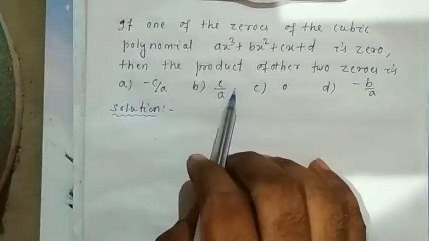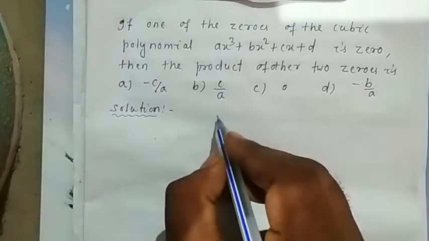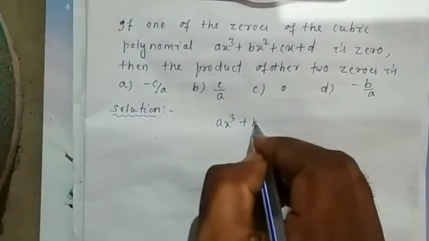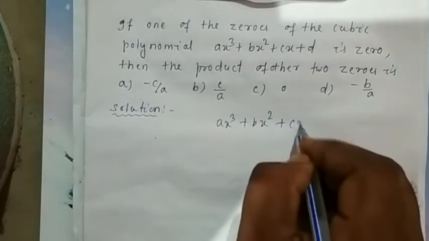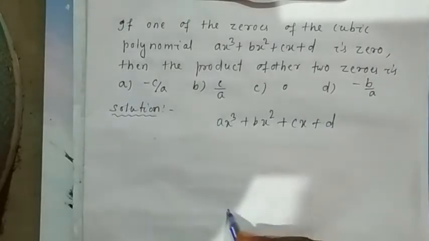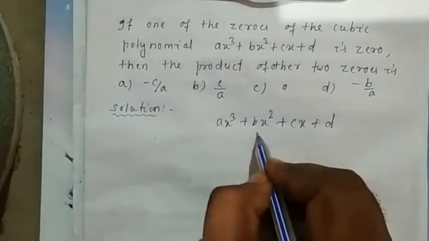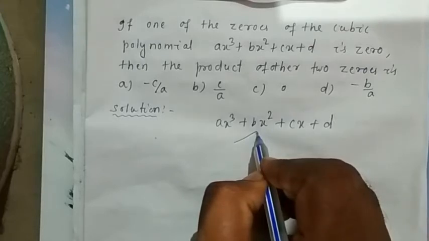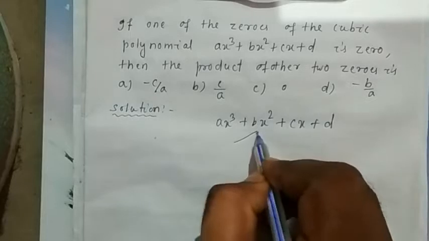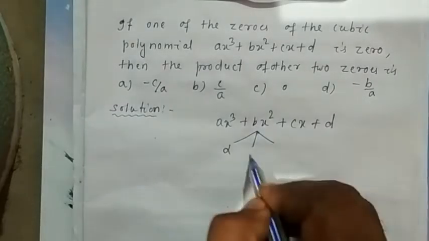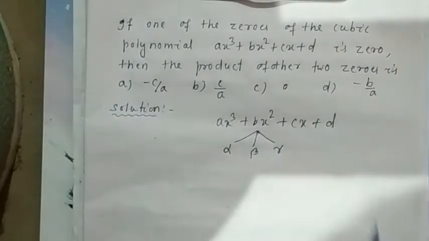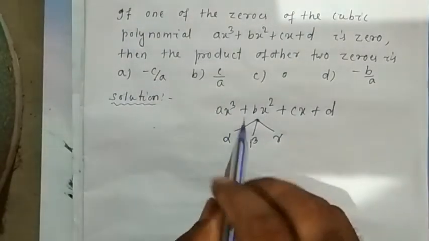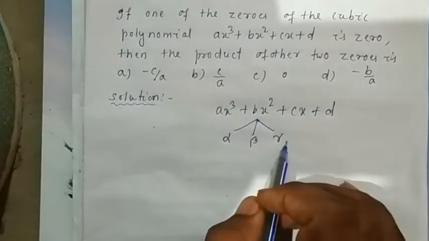We have options here. Given a cubic polynomial ax cube plus bx square plus cx plus d, let the three zeros, you know that a cubic polynomial has at most three zeros, let alpha, beta, gamma be the three zeros of the given cubic polynomial.